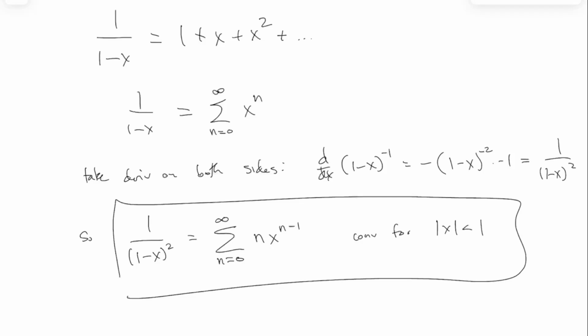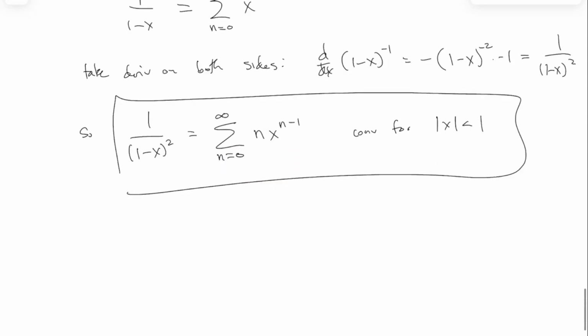This is the series for 1 over 1 minus x squared. And if you wanted 1 over 1 minus x cubed, you could take the derivative of this again, and you would get a series for 1 over 1 minus x cubed, and so on, right? If you want 1 over 1 minus x to some power, you take that many derivatives of the series. All right?